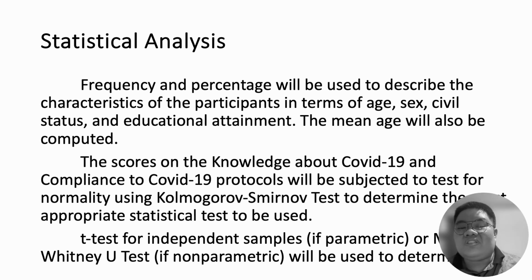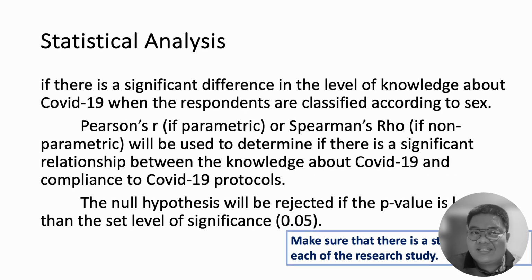Mann-Whitney U will be used if it's non-parametric to determine if there is a significant difference in the level of knowledge about COVID-19 when the respondents will be classified according to sex. So in this case, you would notice that the test is a test for difference. Okay? And they would want to compare the data based on an independent variable, in this case, sex, which is considered to be a nominal data.